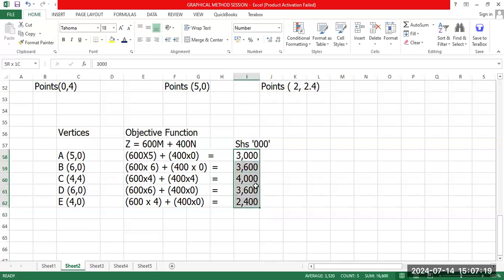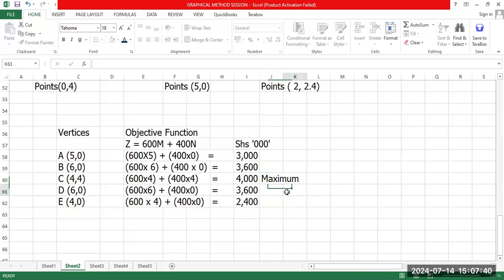What is the highest figure here? 4,000. So this is where we have the maximum.